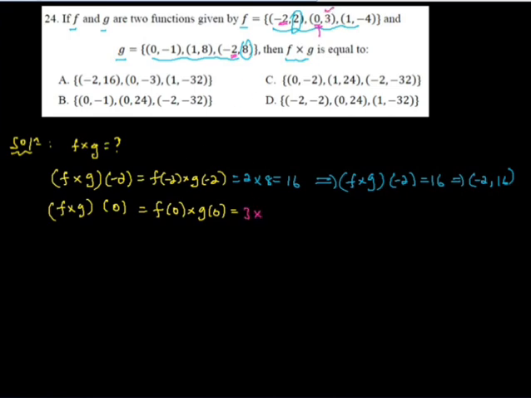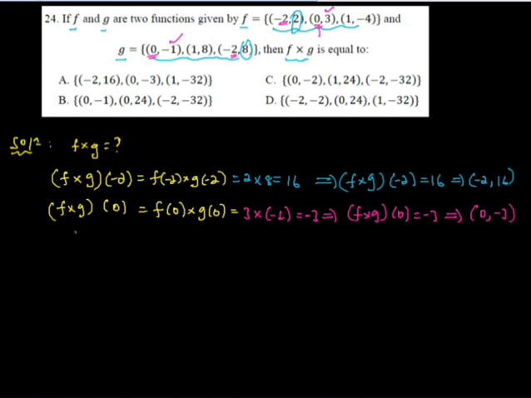And g of 0: when we put 0 in g, we get -1. So 3 times -1, the result is -3. So this implies f times g at 0 becomes -3. Okay, so for f times g we have (0, -3).